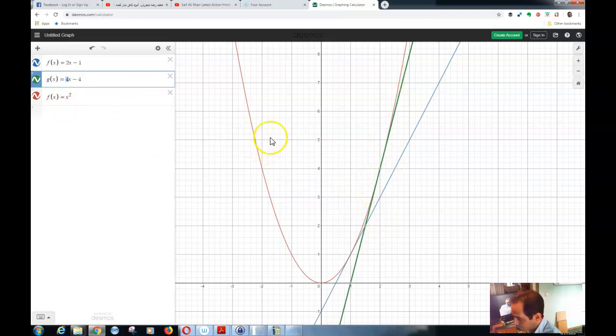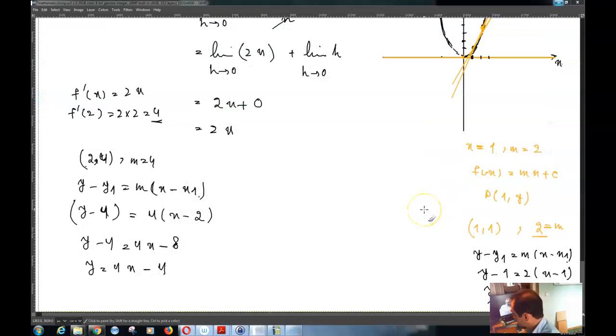And in the same way, you can find an infinite number of lines tangent to this function at all the infinite points that there are on the graph of this function. Okay, so that is that.